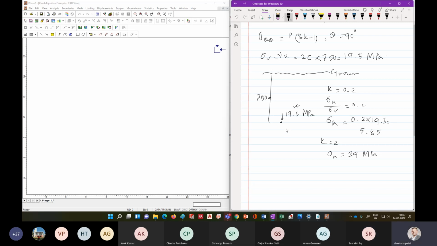Sir, it will be K equal to 0.3, not 0.2. Oh, 0.3, sorry. Thank you so much. So if K equals 0.3, this is 5.85 MPa.